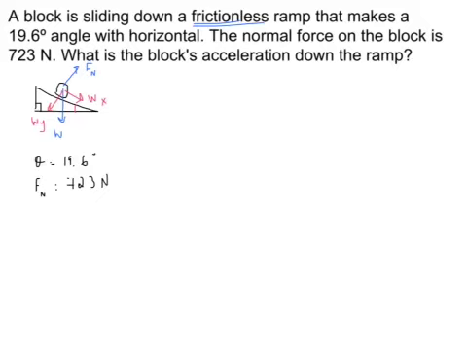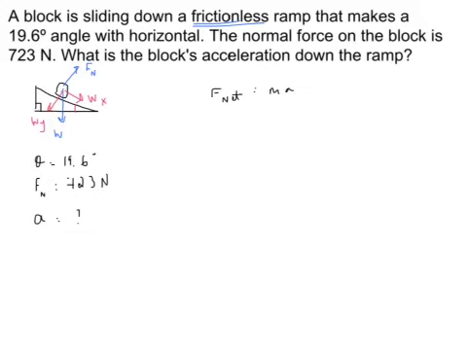And that's all we're given, and we have to find the acceleration. Well, the acceleration will be found using F net equals ma. There's really no other way to find acceleration, so we know that's the equation to start with.